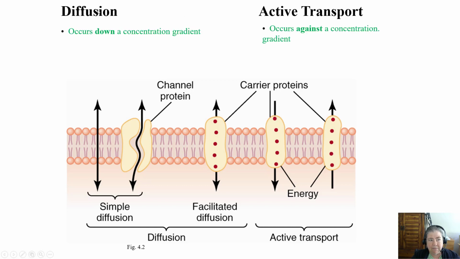So diffusion occurs down a concentration gradient. If you have a lot of oxygen out here and not much oxygen in here, it's going to diffuse or move from an area of high concentration to an area of low concentration.